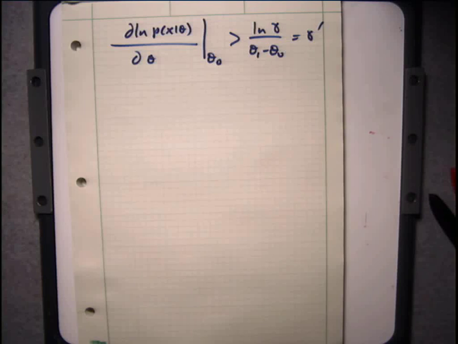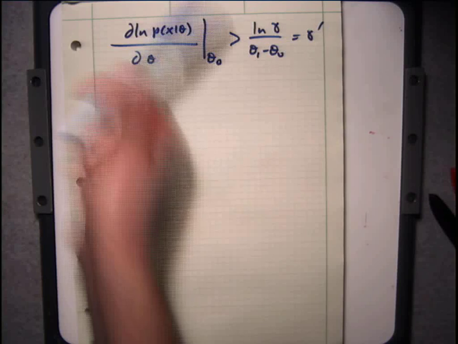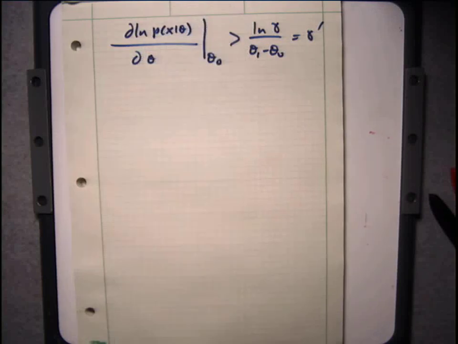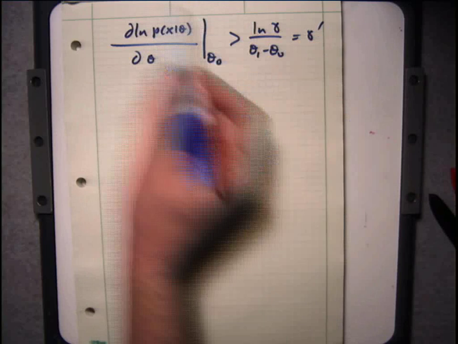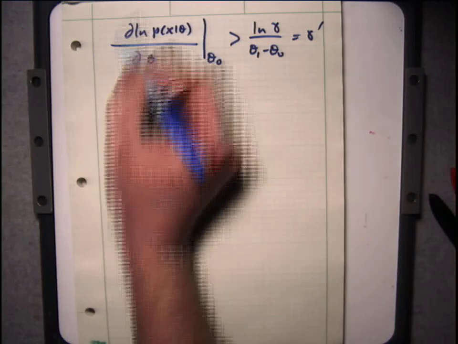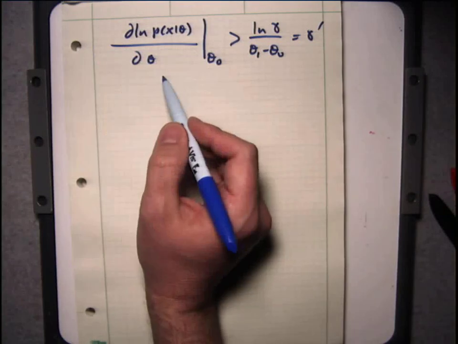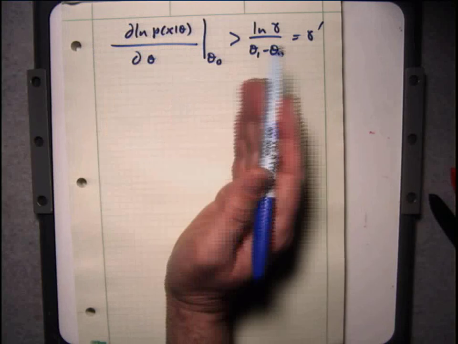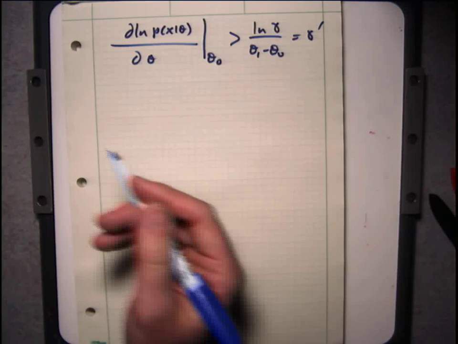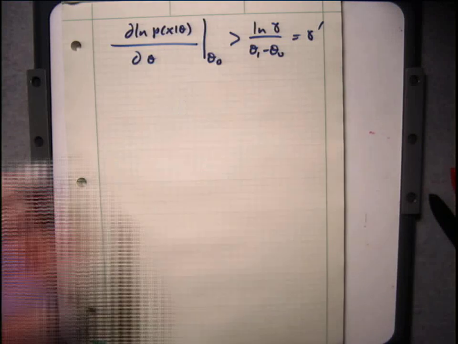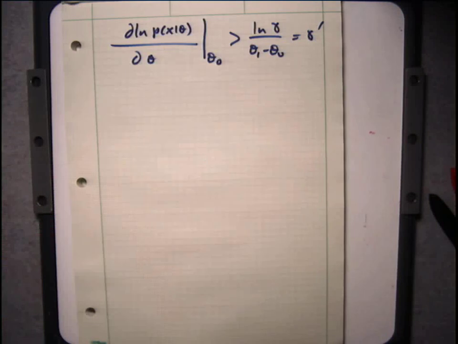Now, typically what we do is we also normalize this left-hand side, for reasons that I'll describe to you in a second. If you remember, this guy here is basically the score function that we talked about before, right? And what we had was that the expected value of the score function is 0 and all that stuff. We also talked about the variance of the score function, which was essentially the Fisher information, right?